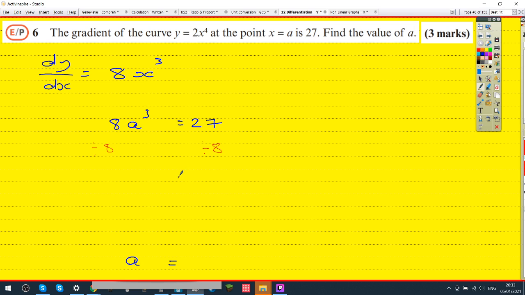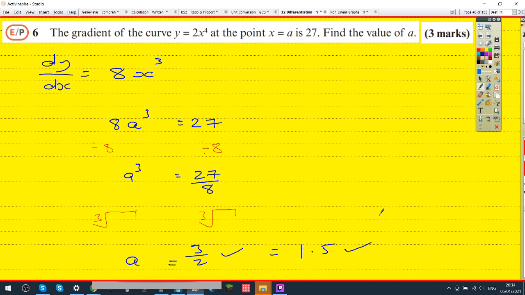Okay, 27 over 8 is fine by me. And then you cube root both sides. Well done. Which is 3 over 2, or 1.5. Well done. Find the value of a. So 3 over 2, good.